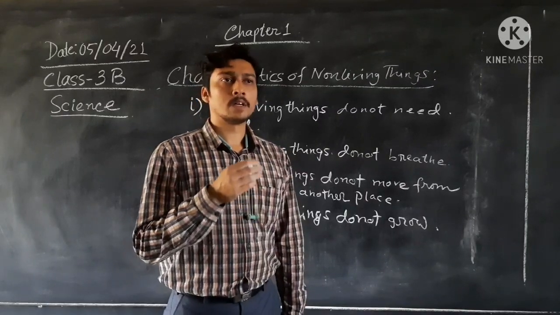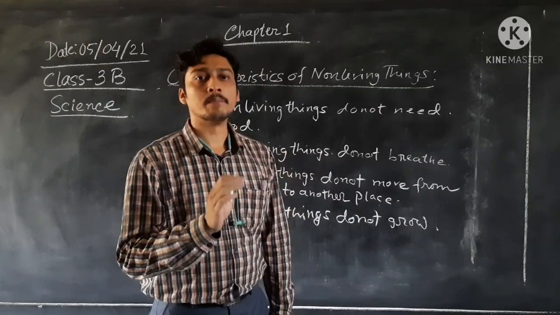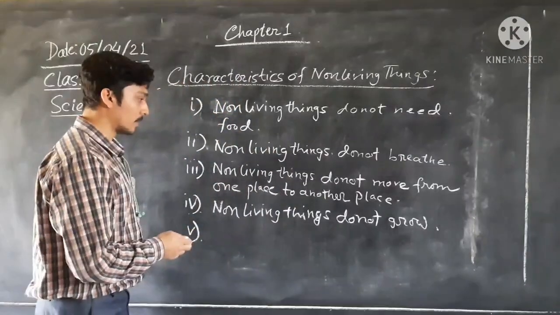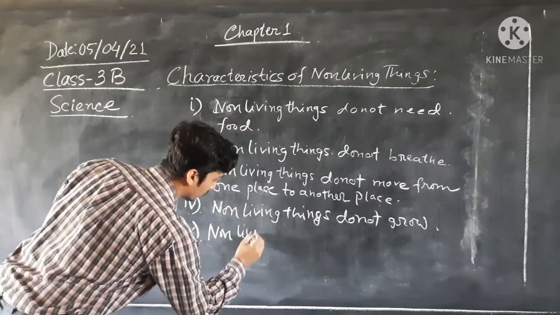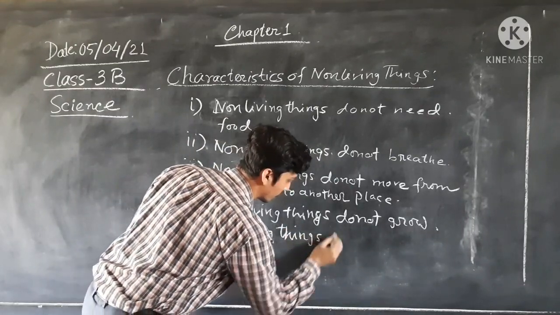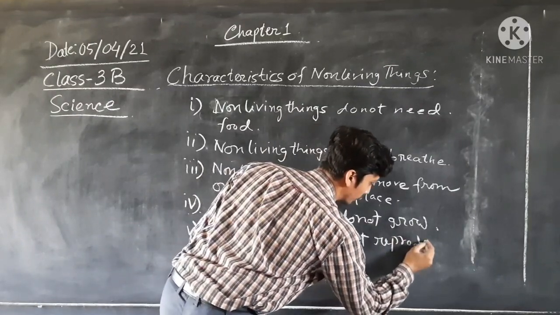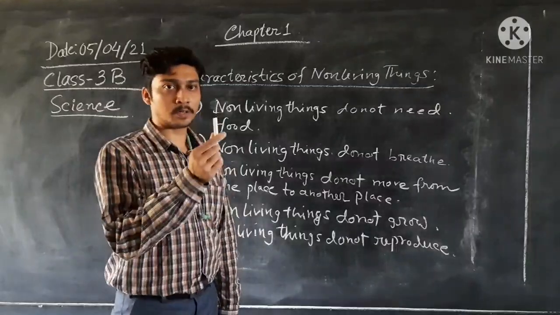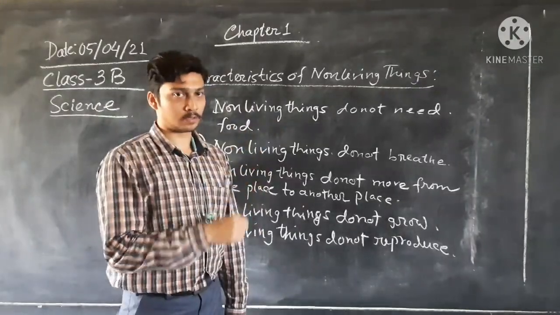They give birth to young ones like them. But non-living things don't reproduce. If chalk reproduces another chalk, then why would I go to the shop to buy chalk?